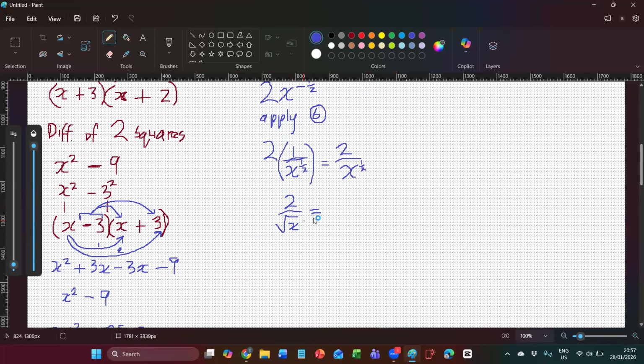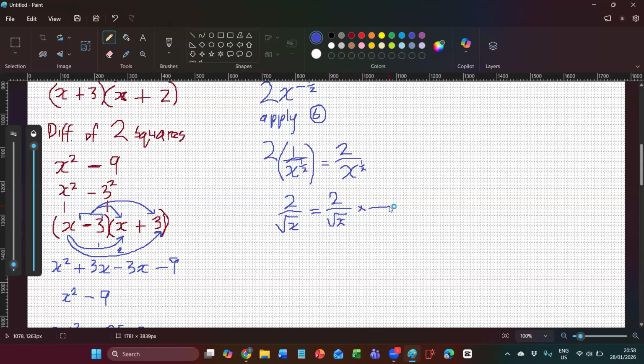We always try to take them out. How do we do that? This is not indices anymore, but another topic in maths, but I'll still teach it because it applies here. You multiply the root by itself. So take a look at what I'm going to do.